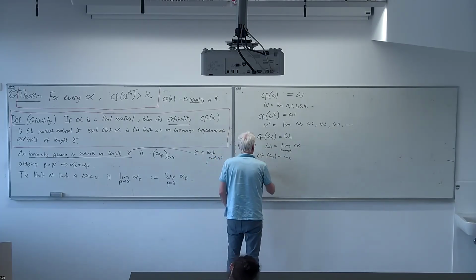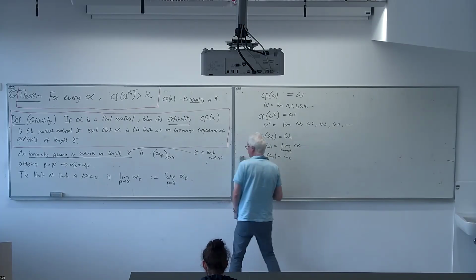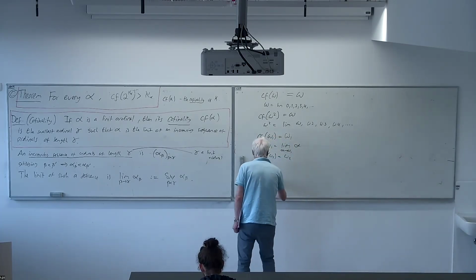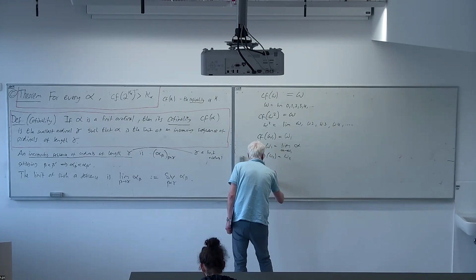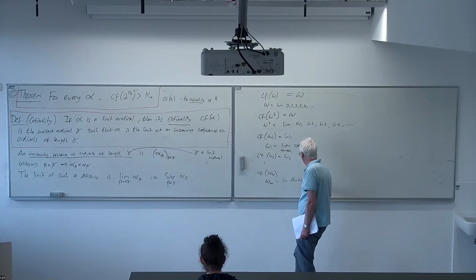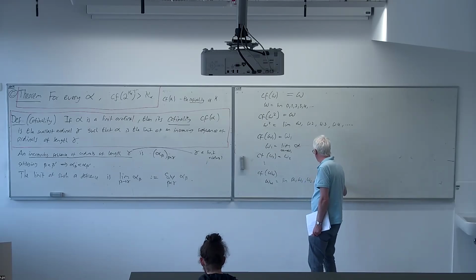But an interesting case holds when we get to the cofinality of omega sub omega. Because omega sub omega is the limit of omega, omega 1, omega 2, omega 3, omega 4, and so on.